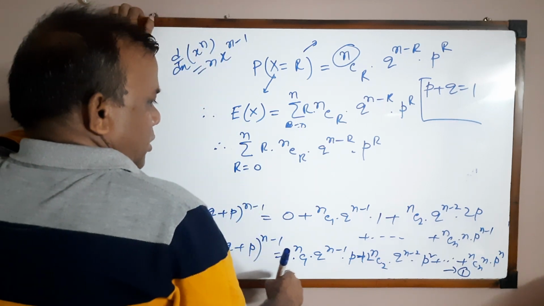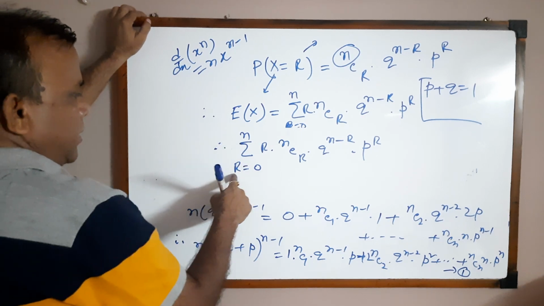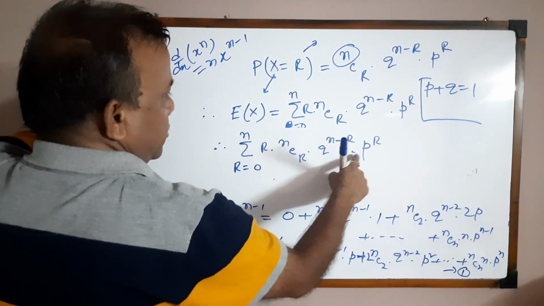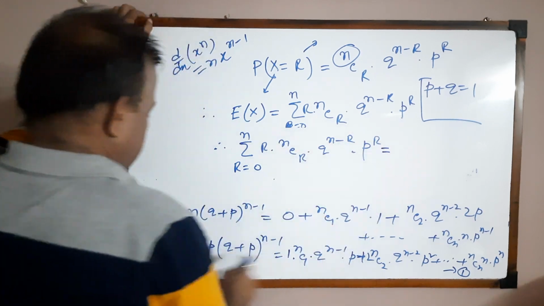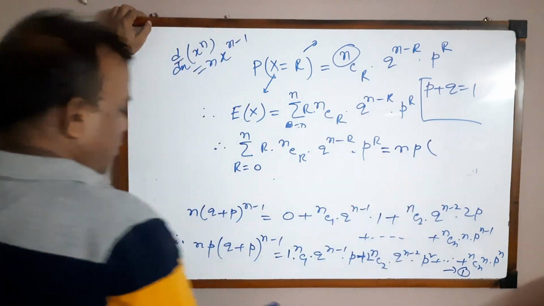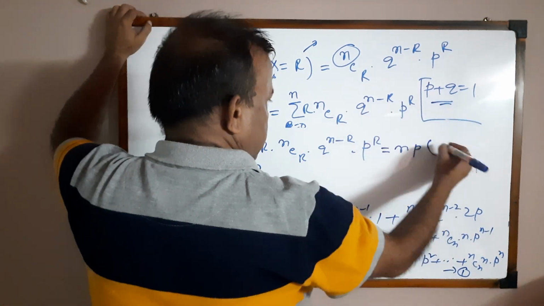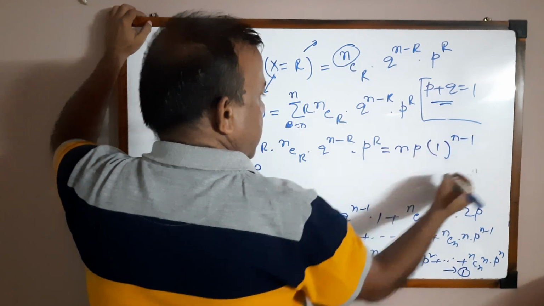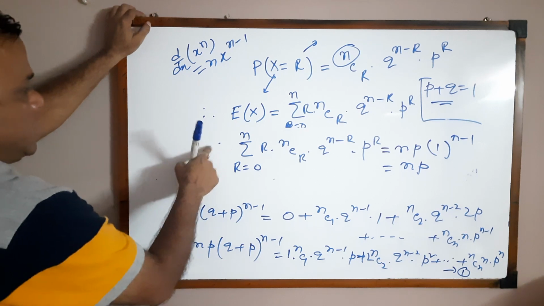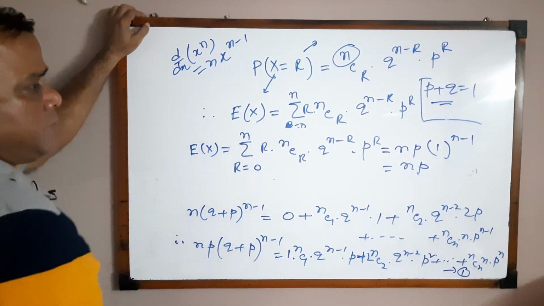Therefore, from the right hand side, we get summation r equals 0 to n of r into nCr into q to the power n minus r into p to the power r equal to np into (q plus p) whole to the power n minus 1. As p plus q equals 1, 1 to the power n minus 1 is 1. Therefore np, which is the mean E(X) or expectation of the binomial distribution.